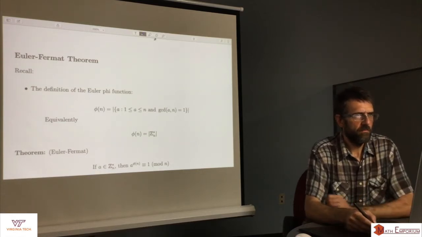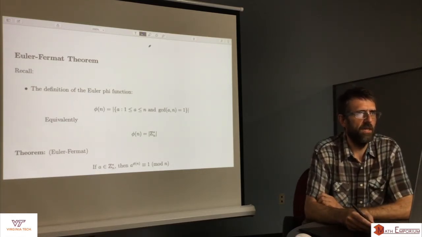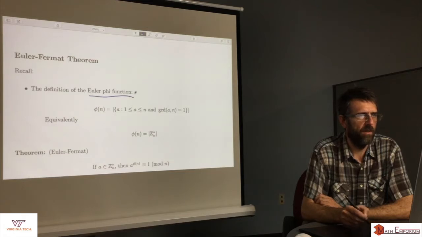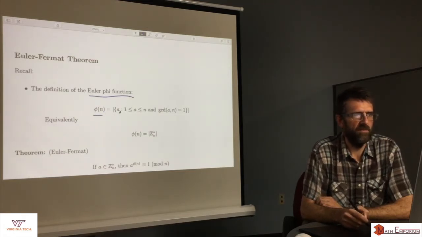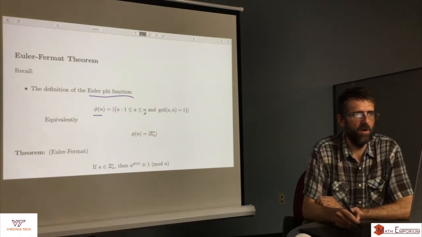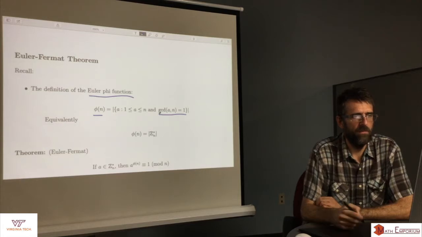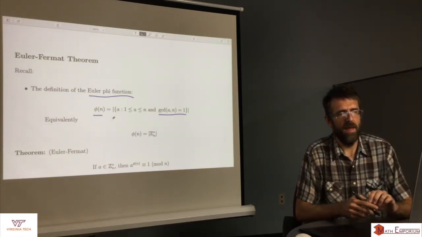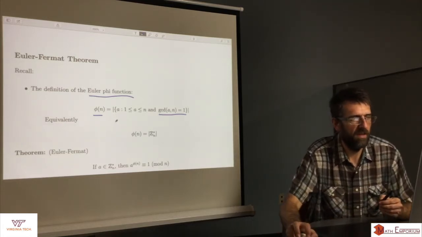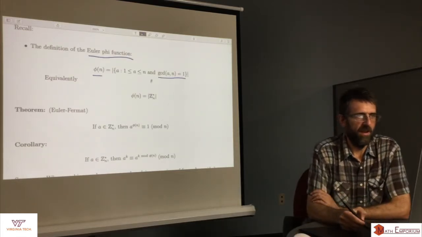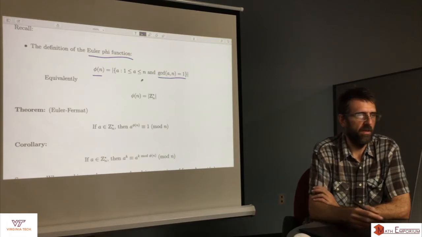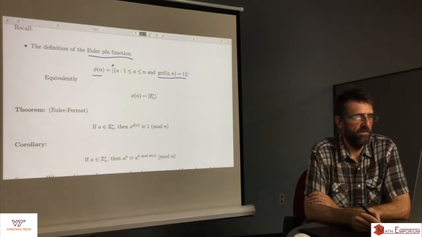So we had this definition of the Euler phi function: phi of n is the size of the set of all a between 1 and n such that GCD of a and n is equal to 1. An equivalent way of describing that would be the size of Z mod n star, since Z mod n star is defined to be precisely this set of integers.